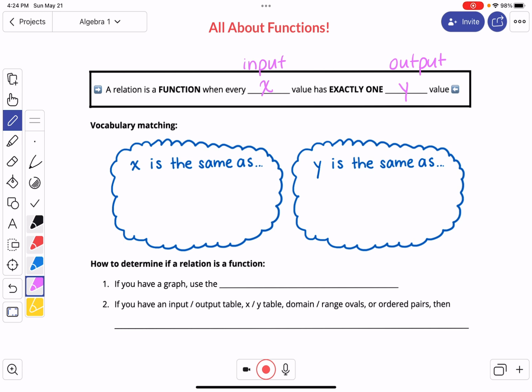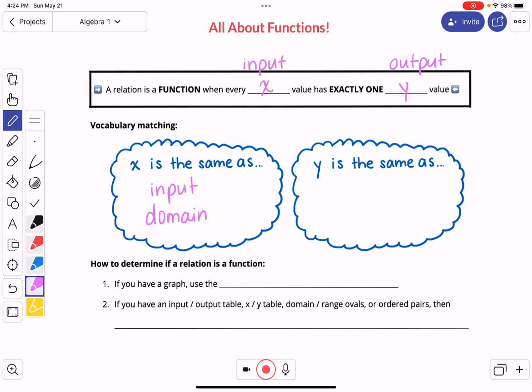So some vocab that you're going to hear, when we look at these ordered pairs, x is going to be the same thing as input, which we just saw. It's also going to be the same as domain. And domain, if you remember, is the entire set of possible x values.